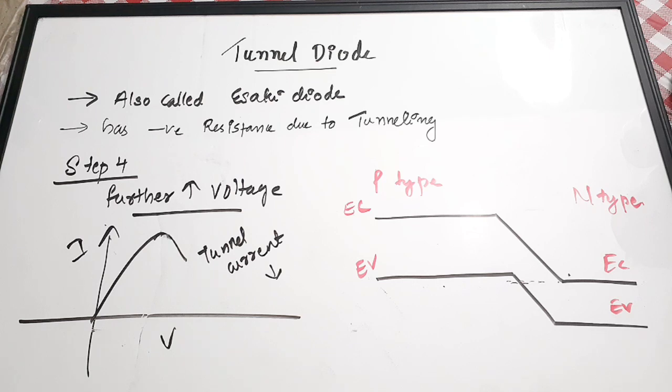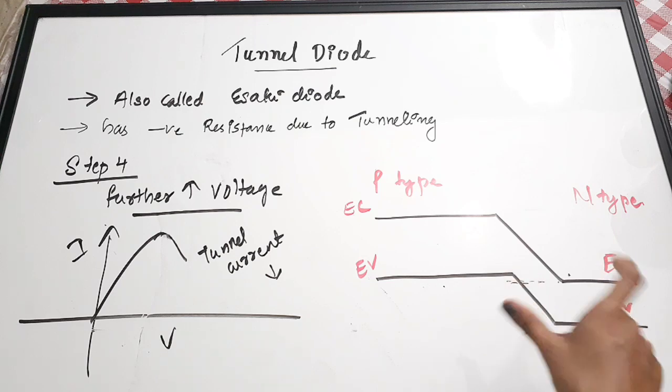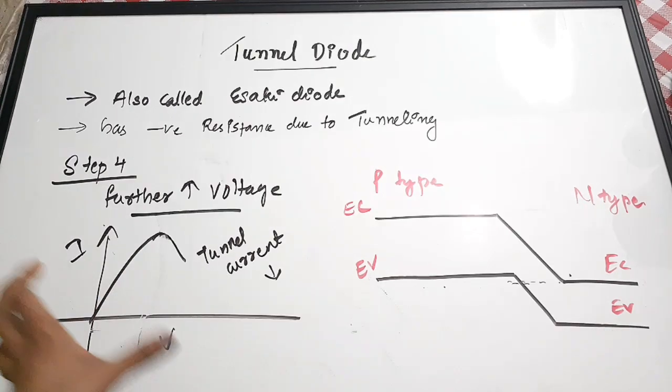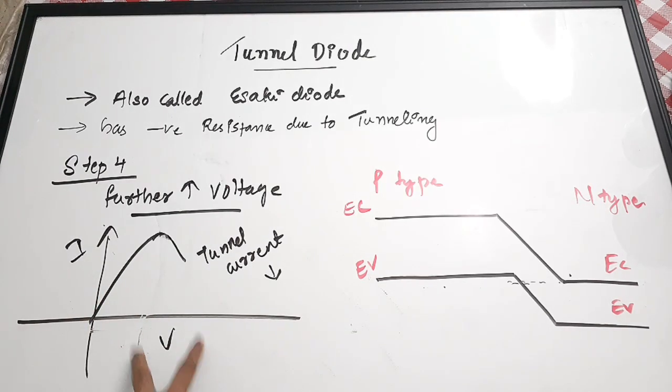But due to this misalignment of the conduction band and the valence band, it will reduce the current. So this is what we are saying, that there is a negative effect or negative resistance. That is, there is a negative effect of increased voltage on the current. So the current will start to reduce. Okay, so that is happening when we further increase the voltage.